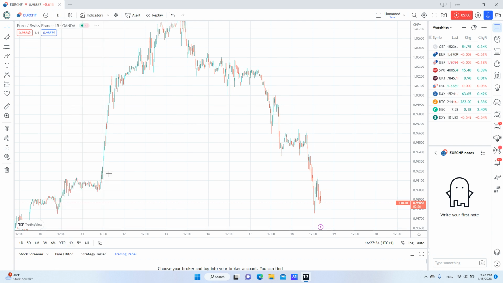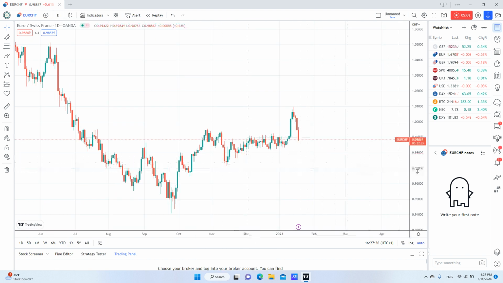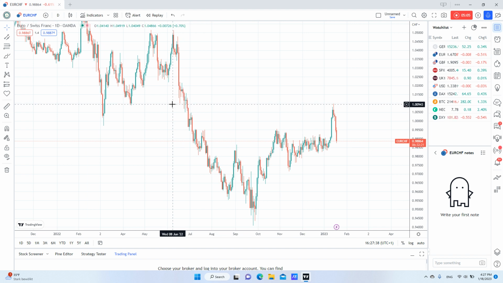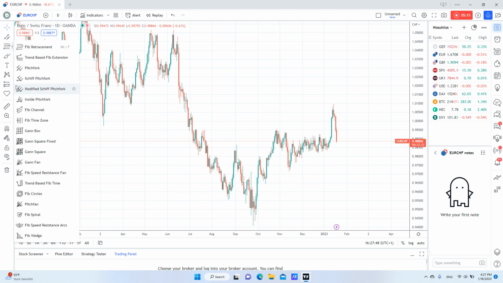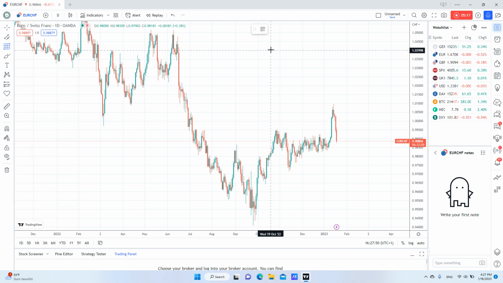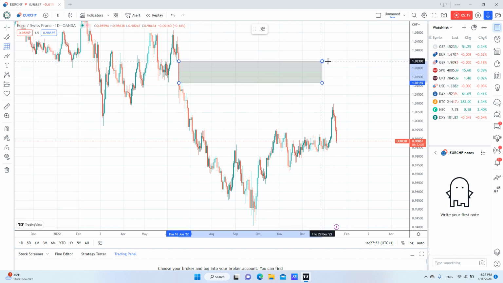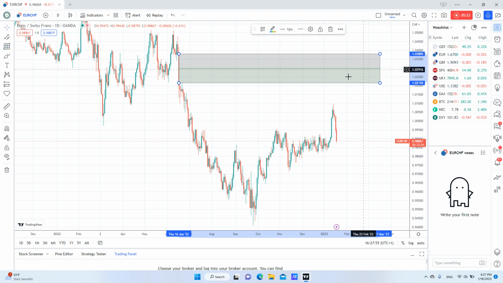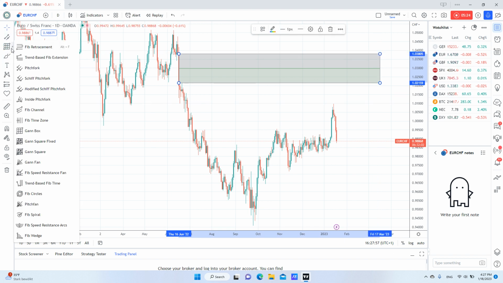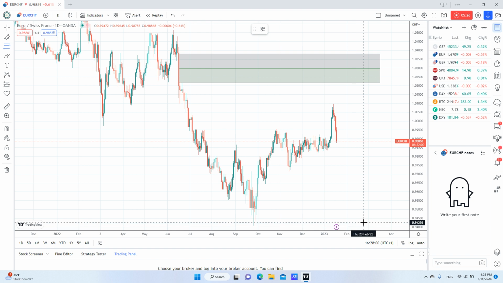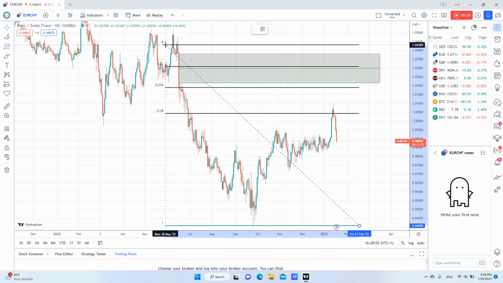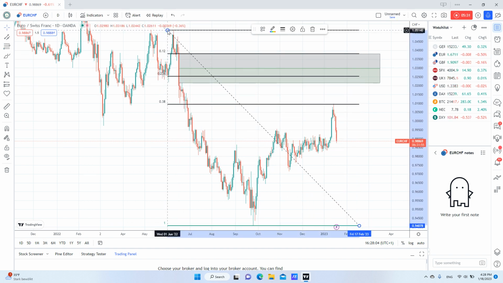Let's look at the daily chart, because here we have this bearish move, a very big one, and we have an imbalance here, also a very big one, which, if we put our Fibonacci, we will see is around 77.